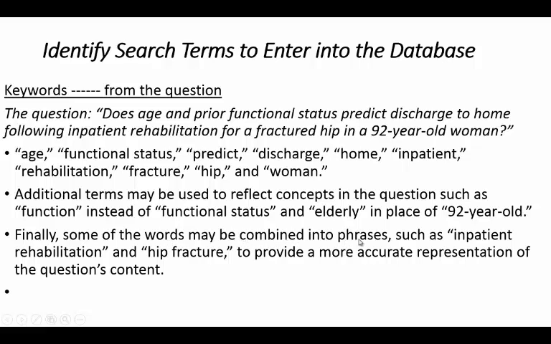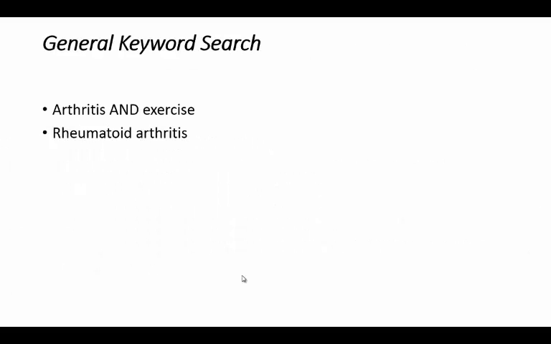I can ask for a phrase, for example, inpatient rehabilitation, hip fracture. So I can look for fracture and for hip, or I can look for hip fracture to narrow down the search. Well, you can see that if I'm going to use all of these keywords, I will end up with a humongous number of citations.